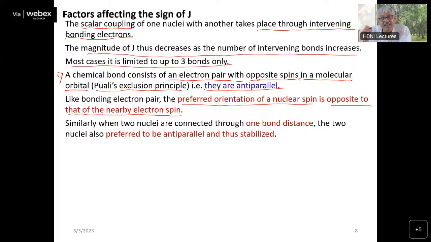So the nucleus will also try to pair with the nearby bonding electron. Okay, we will show you in the diagram. Similarly, when two nuclei are connected through one bond distance, they will also prefer to be antiparallel. Okay, and that is the most stabilized configuration.